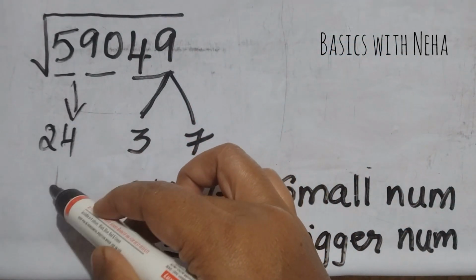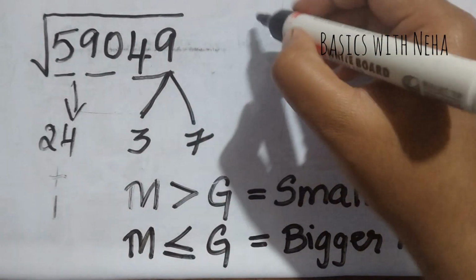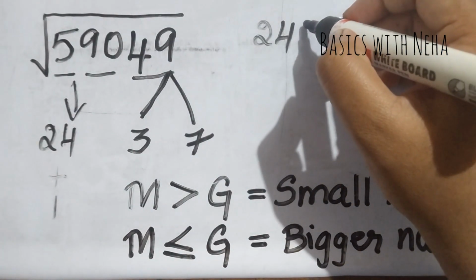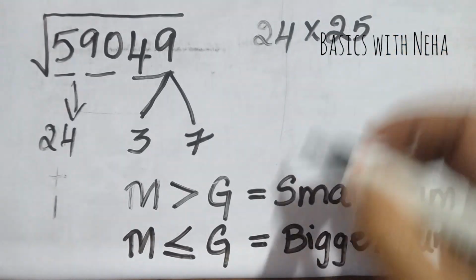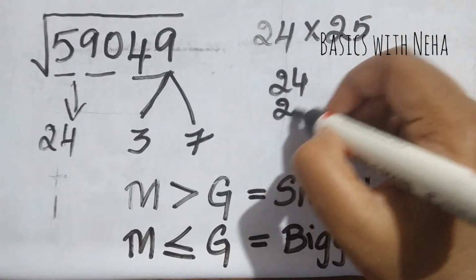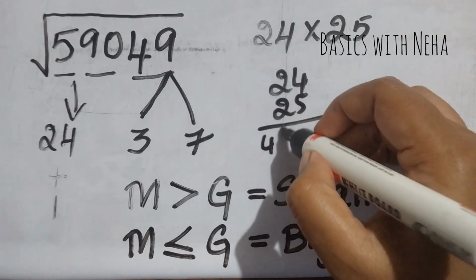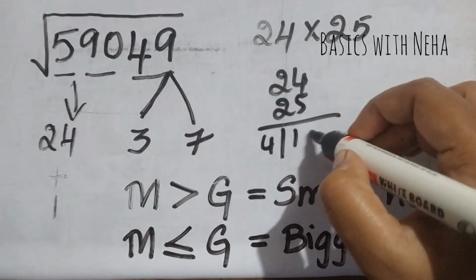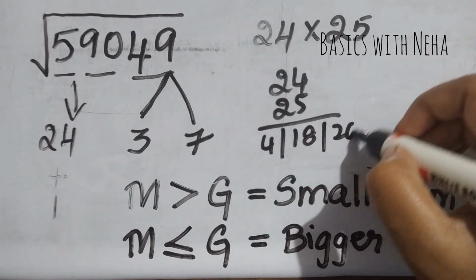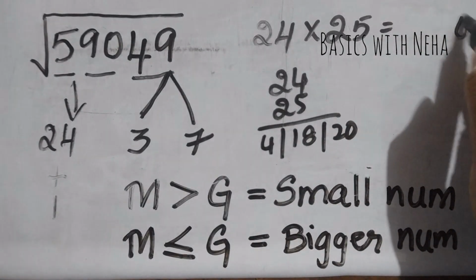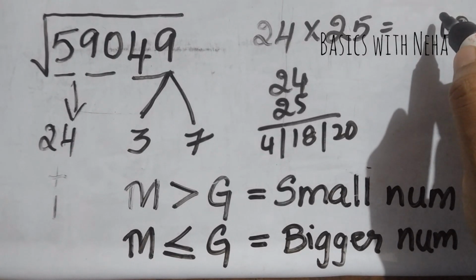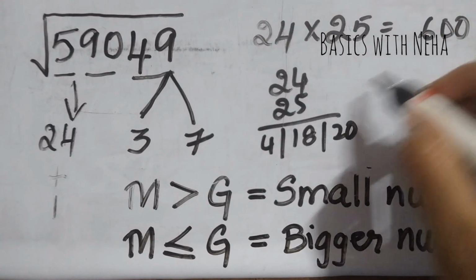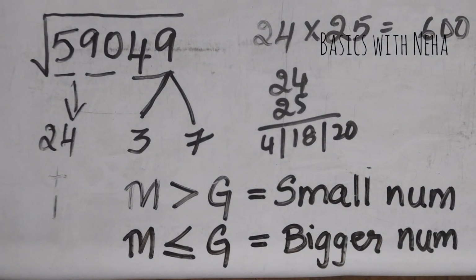Now for 24, the default step is plus 1, which is 25. So you will do 24 into 25. 2 2s is 4, 2 5s is 10, 4 2s is 8, that is 18, 5 4s is 20. So my answer will be 600.